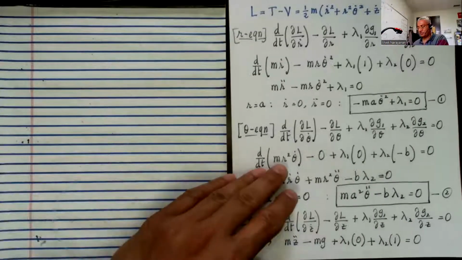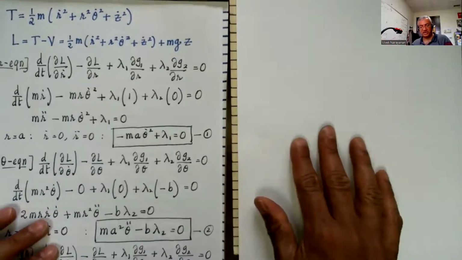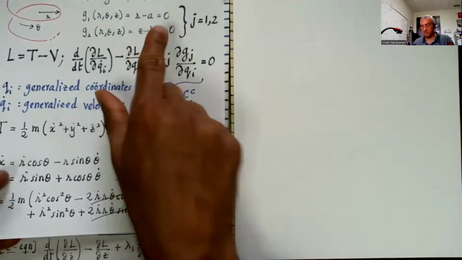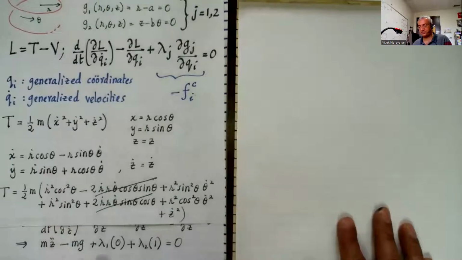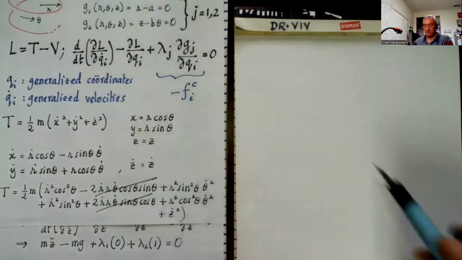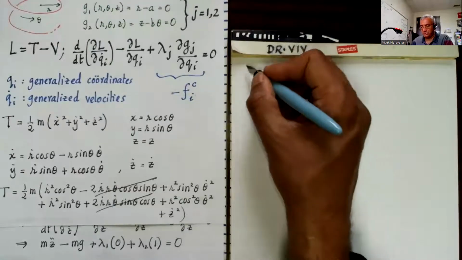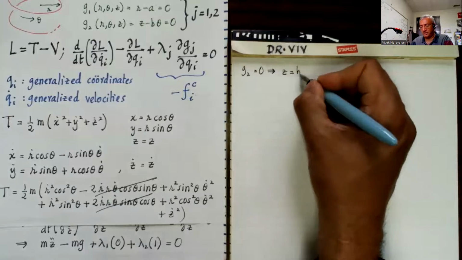So then let us simplify this. We have to use the second constraint. The second constraint is that z equals b theta. So I'm going to use that in the last equation here. G2 equals 0 tells me that z equals b theta.